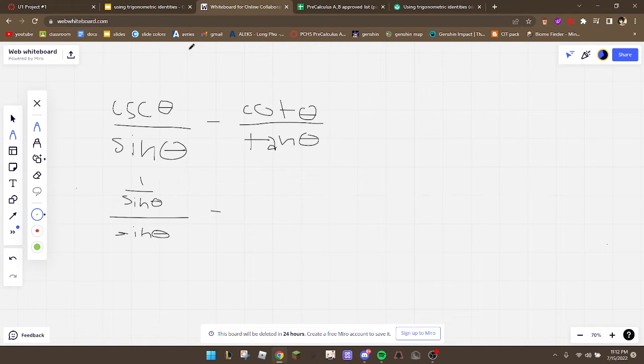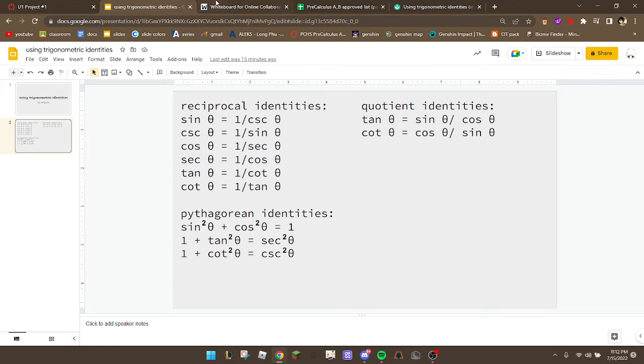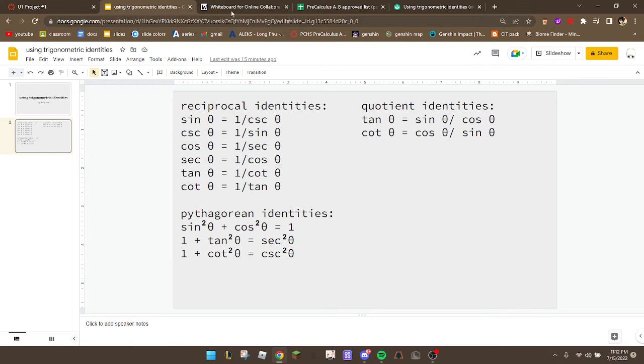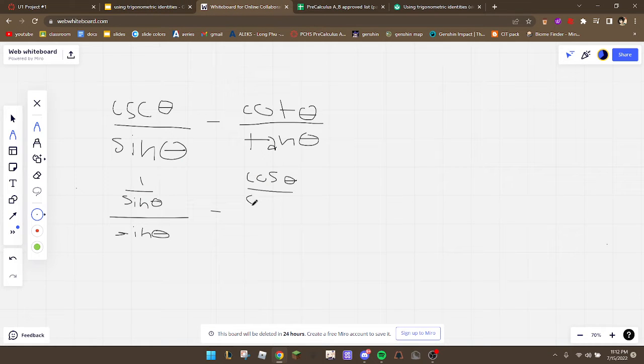To simplify these two, we can use the quotient identities. So it's cosine theta over sine theta and sine theta over cosine theta.